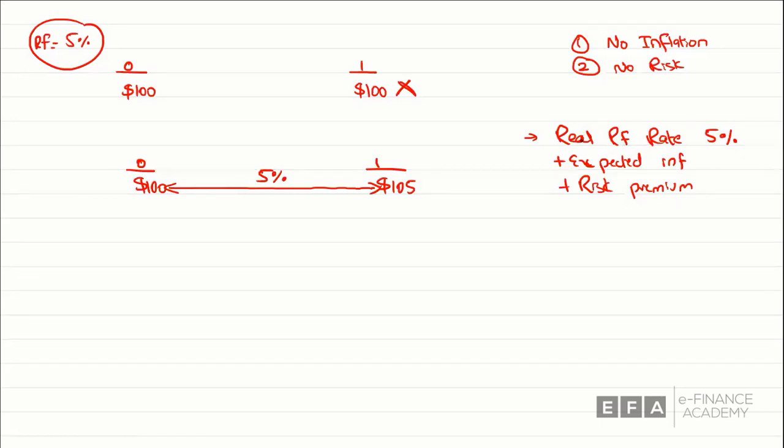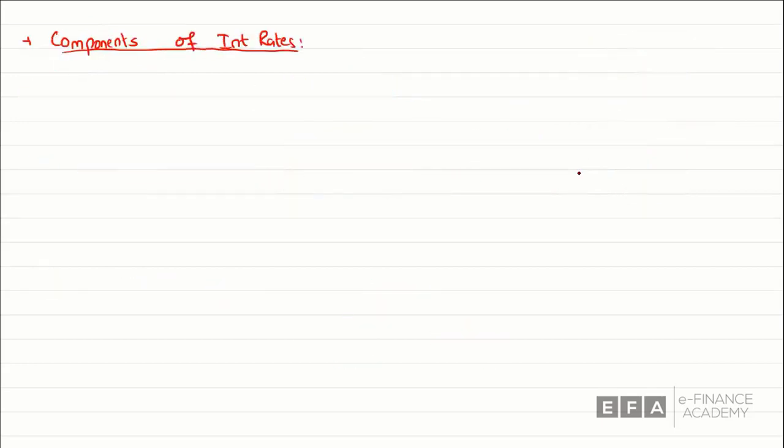And if we are in a world in which there is inflation that causes your money to lose its value over time, you also want a compensation for expected inflation. Likewise, if there is a risk on your investment, then you would also demand a risk premium, and the higher the risk, the higher the rate of return. So we've already looked at the components of interest rates, and we'll now elaborate on them again.